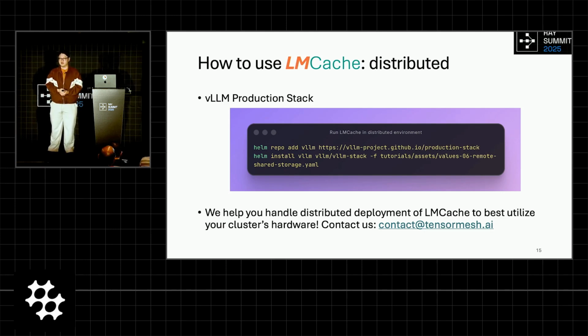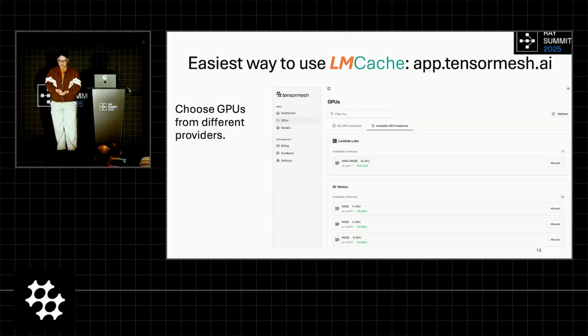For example, I know there are multiple clusters that do not support NIXL. We help you handle distributed deployment of LMCache and best utilize your cluster's hardware, so please contact us through this email.